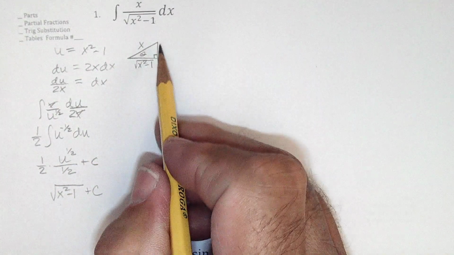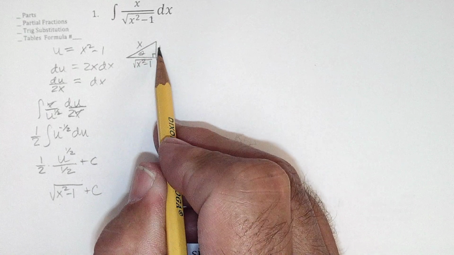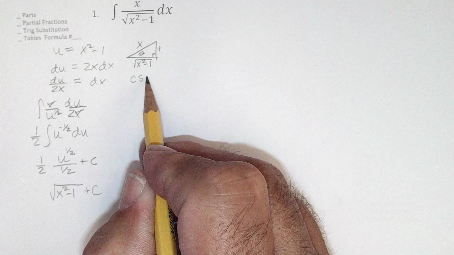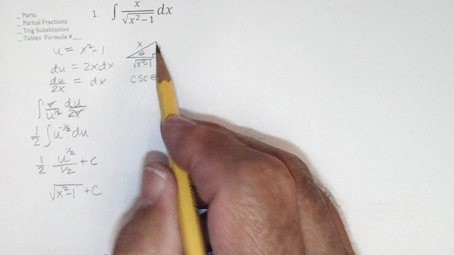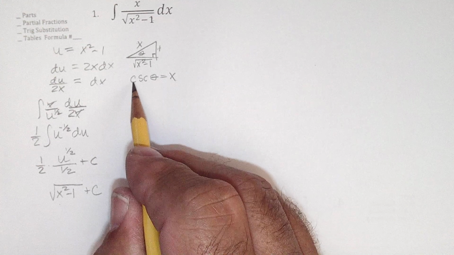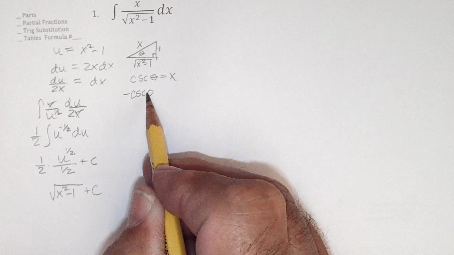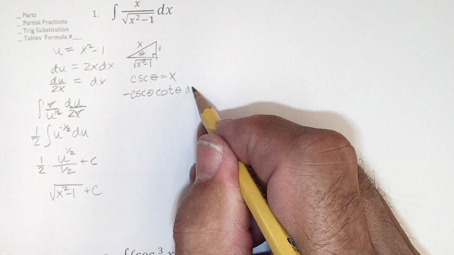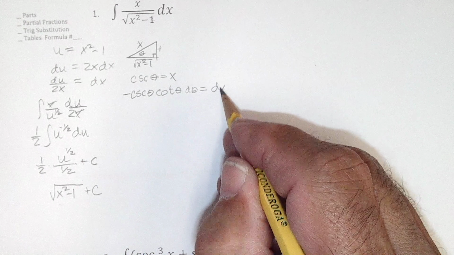If I do it this way, then x would be hypotenuse over opposite, or the reciprocal of sine, so cosecant of theta is x over 1, or x. Then I take the derivative, and the derivative of cosecant of theta is negative cosecant theta cotangent theta d theta, and that will be the derivative of x, which is 1 dx.